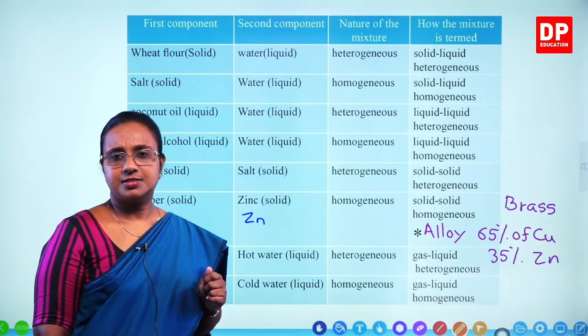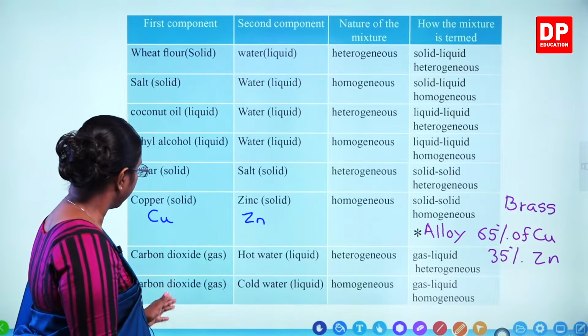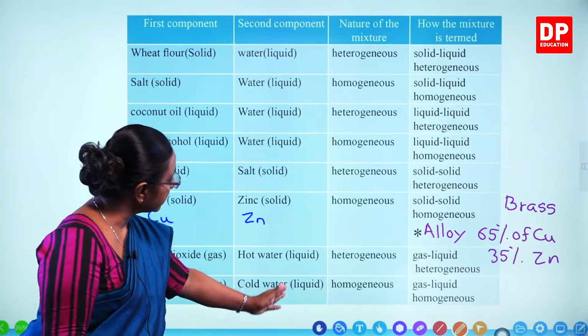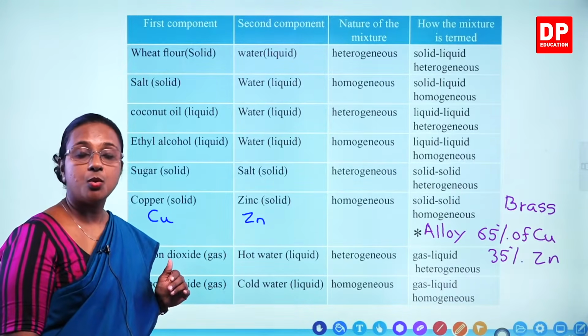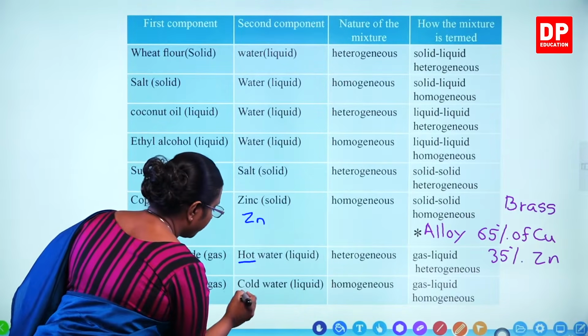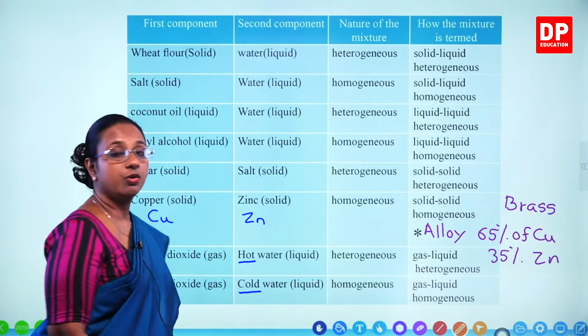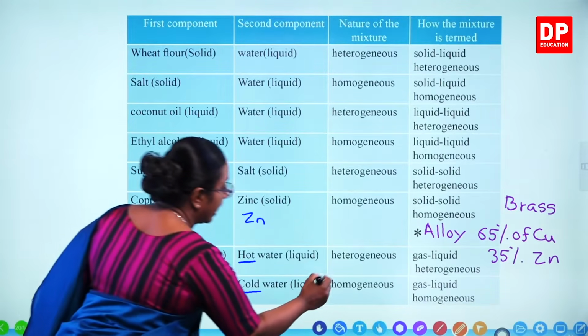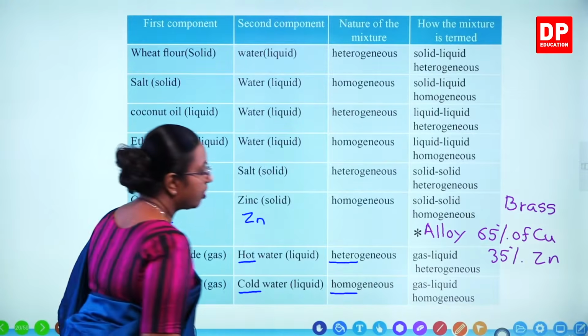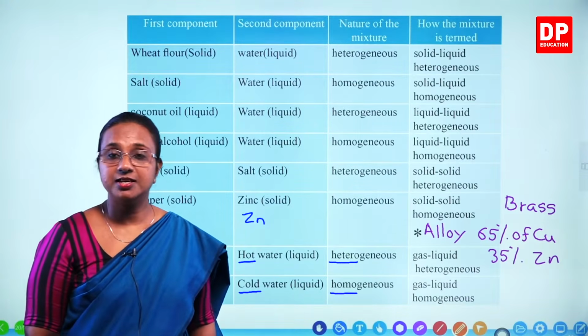Now what is this? Both have the same gas, carbon dioxide gas, and the second component is water. But you can see here, this is hot water, this is cold water. And hot water is a heterogeneous mixture. Cold water is a homogeneous mixture.